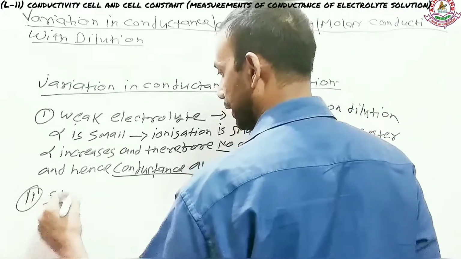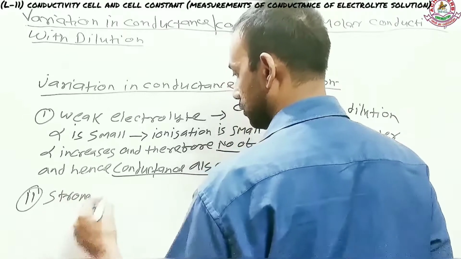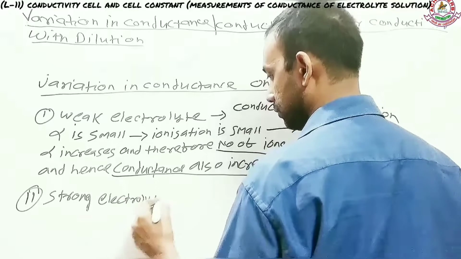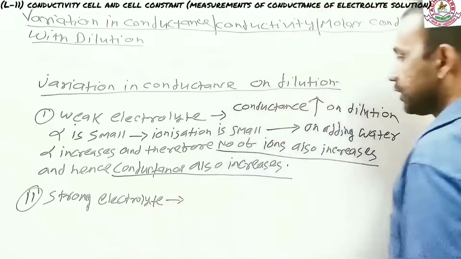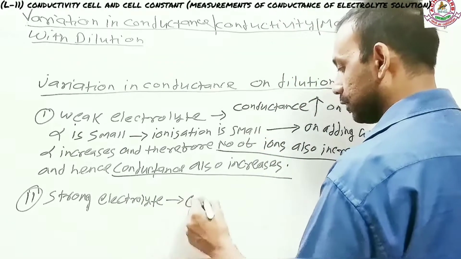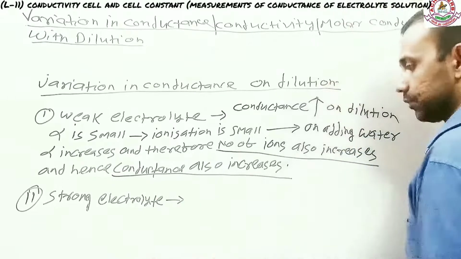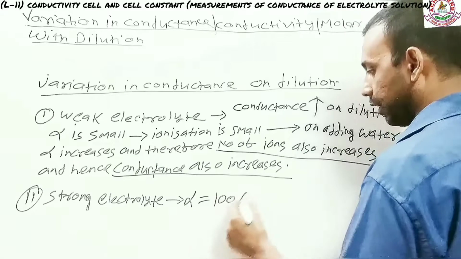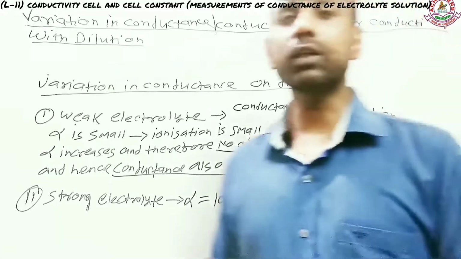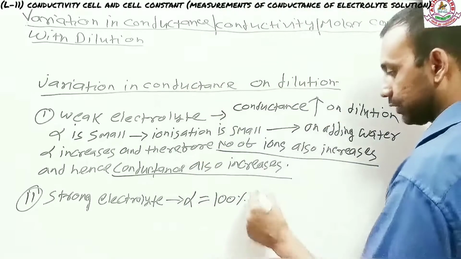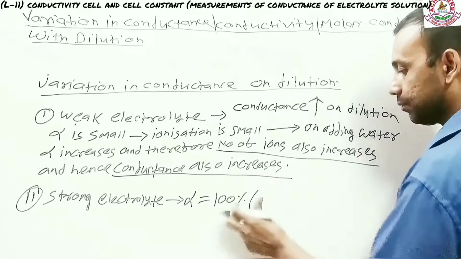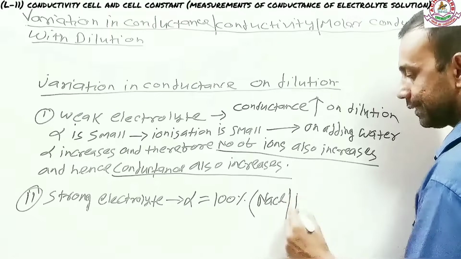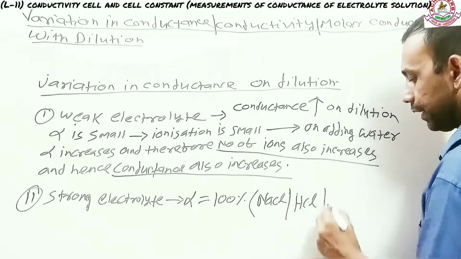So strong electrolyte. In strong electrolyte, as I said earlier, alpha is 100%. What that means is, a strong electrolyte like NaCl, for example, maybe HCl, maybe NaOH, and so on.